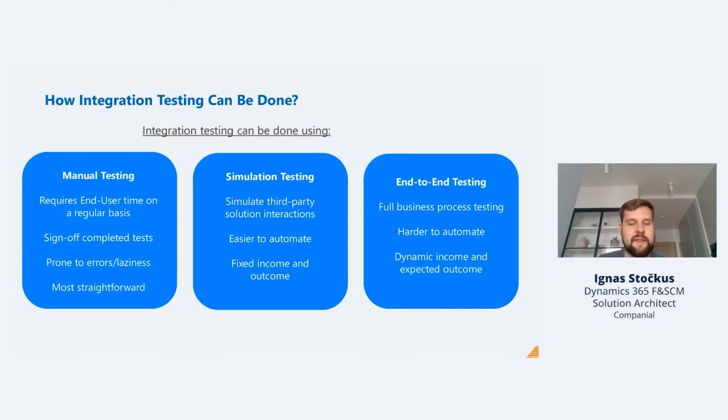A manual test is the most straightforward one. This is when an end user performs a full end-to-end process to test any kind of business process.